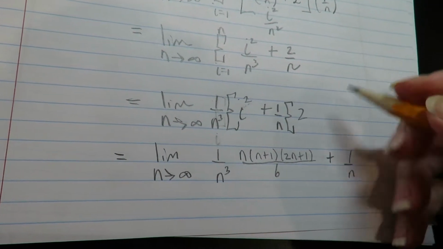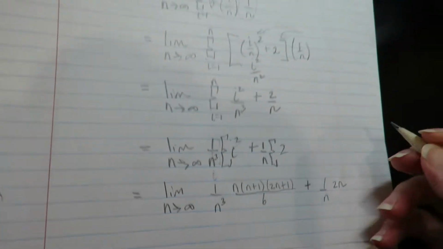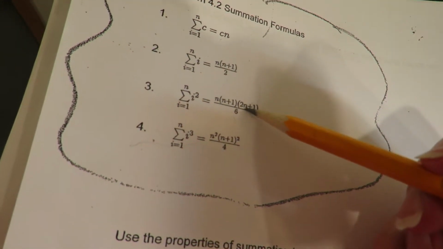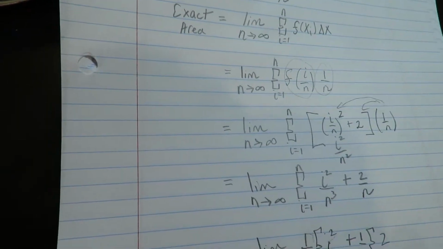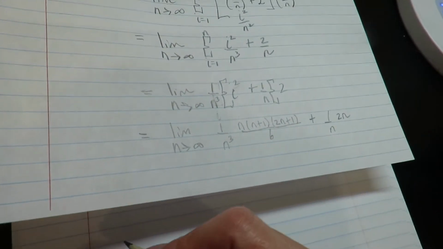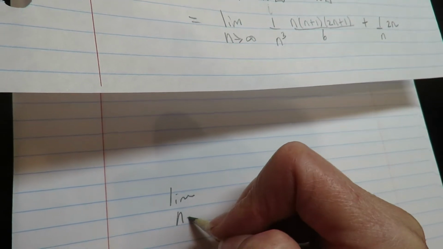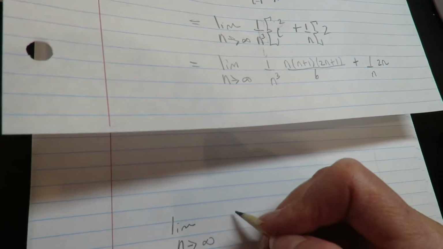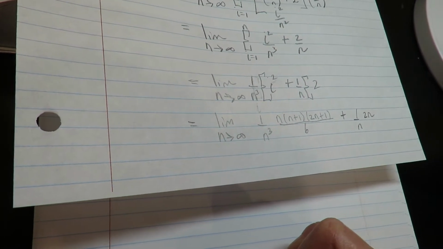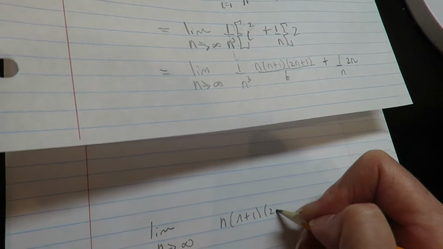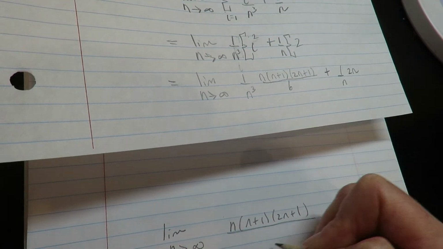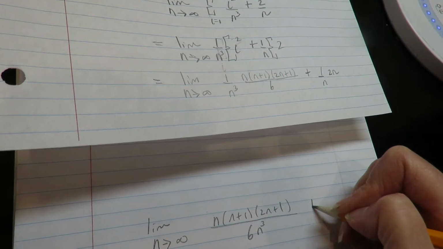And then the constant is c times n, or 2n. So remember, I'm just getting that from, I grabbed this one and this one. Alright, let me just reformat that.